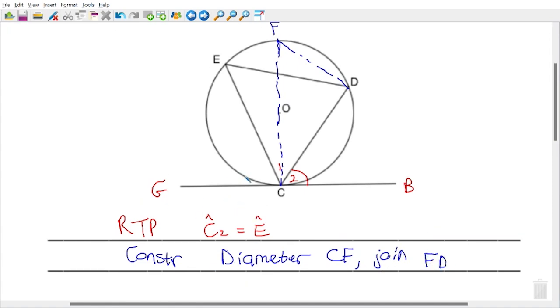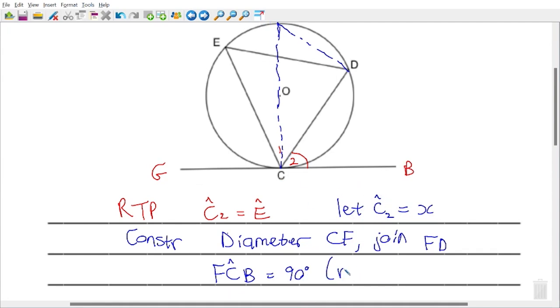Now what we can see is that FCB equals 90 degrees. I'm going to let C2 equal x. The reason FCB is 90 degrees is radius perpendicular to tangent. We've seen that already in the analytical geometry of this paper.